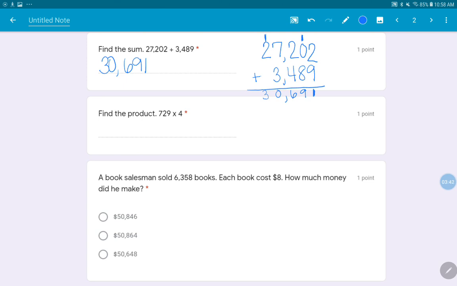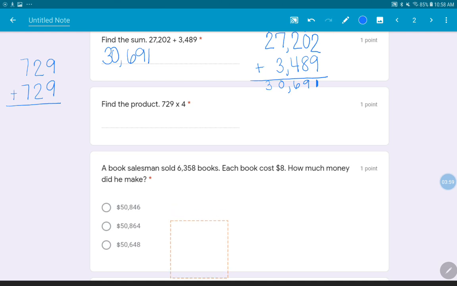729 times 4. Olivia, how did you do that? I added 729 twice, and then I got 1,458, and then I added that twice, and then I got 2,916.